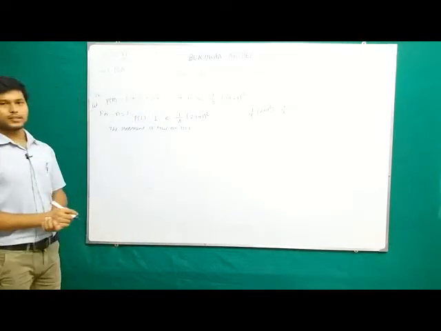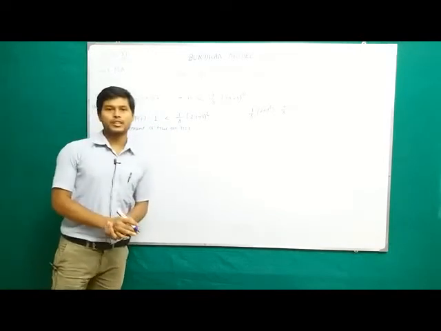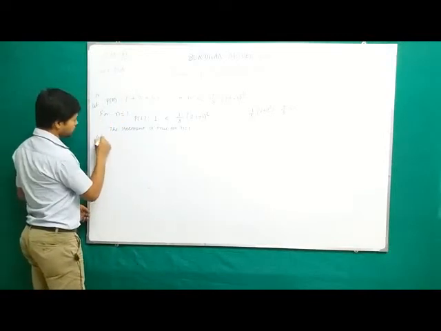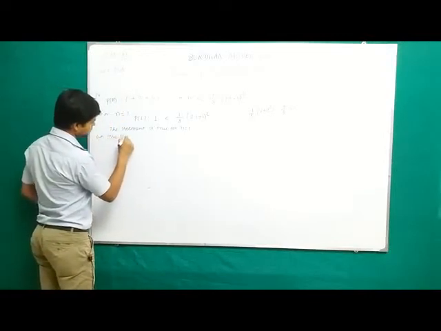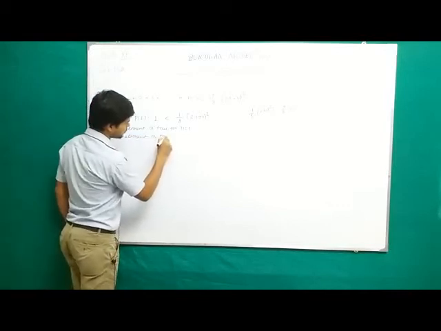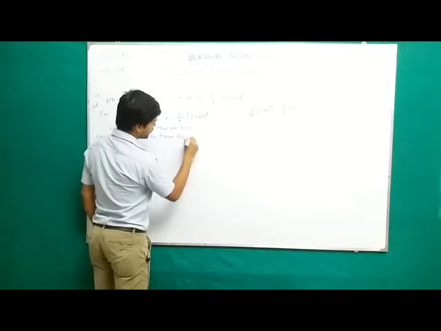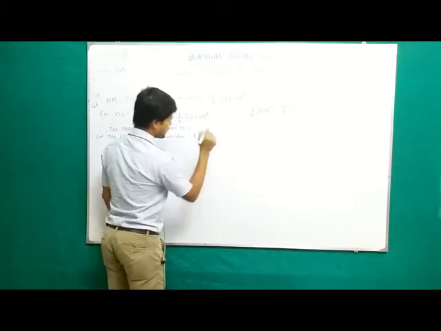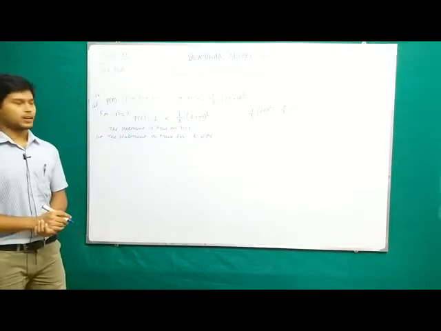Now we will consider that the statement is true for any arbitrary number k. Let the statement be true for any arbitrary number k, where k is a natural number.